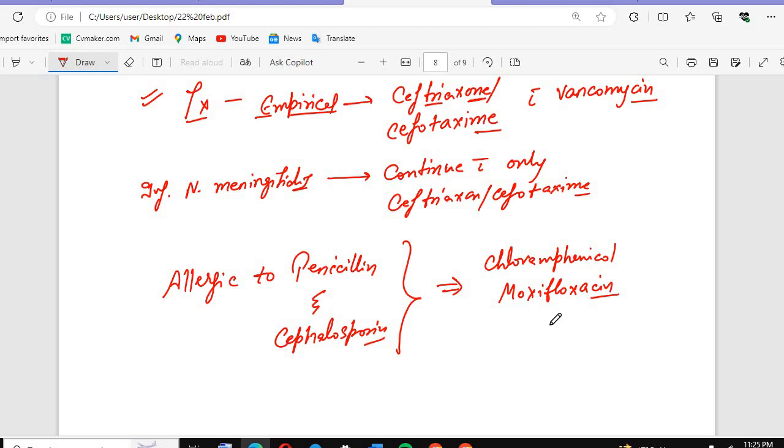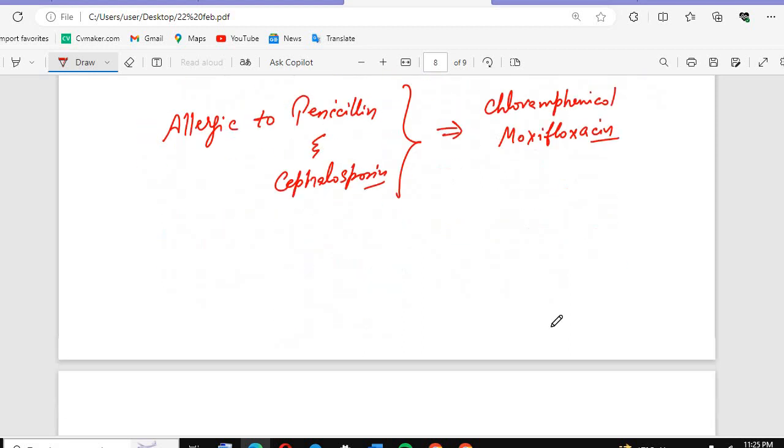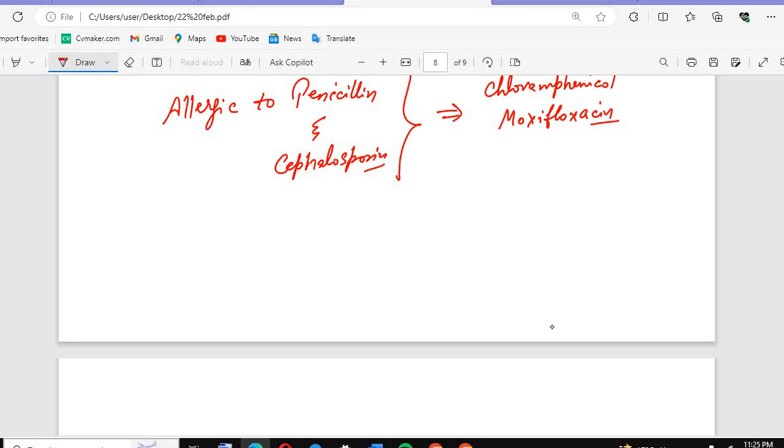Then also remember, in case of meningococcemia or pediatric meningitis, adrenal hemorrhage is also there. So in that condition we give chloramphenicol, plus we need to give prednisolone.